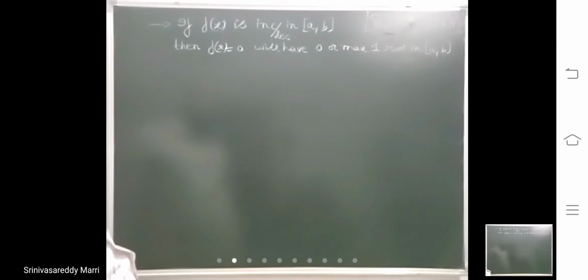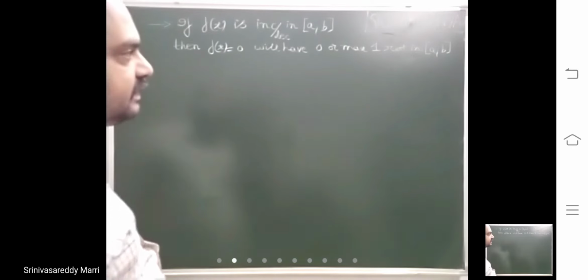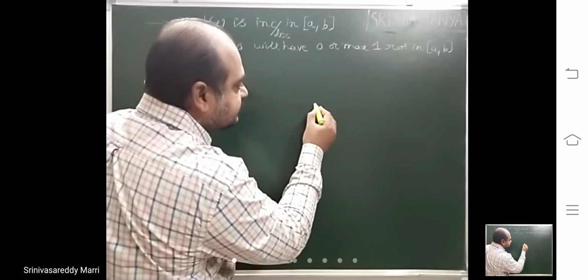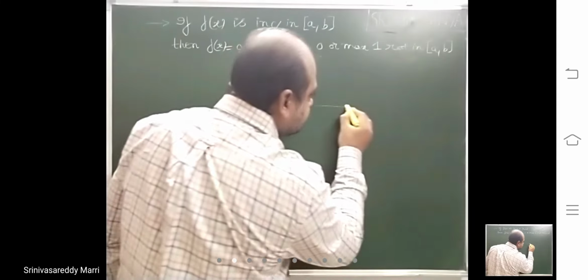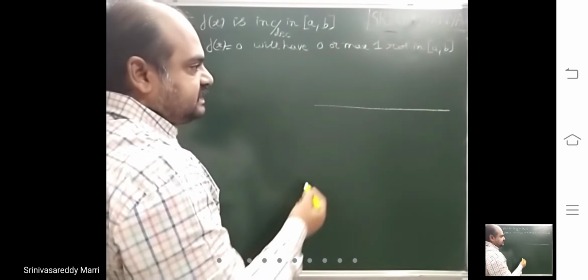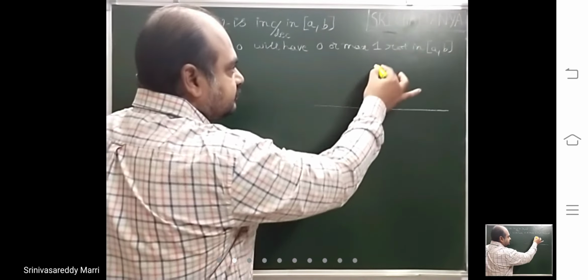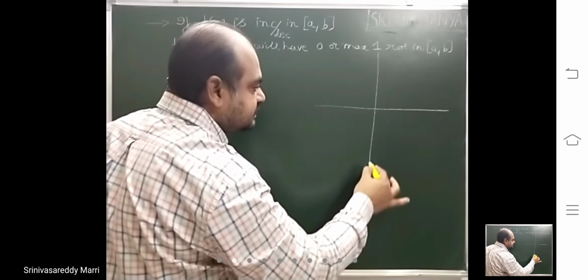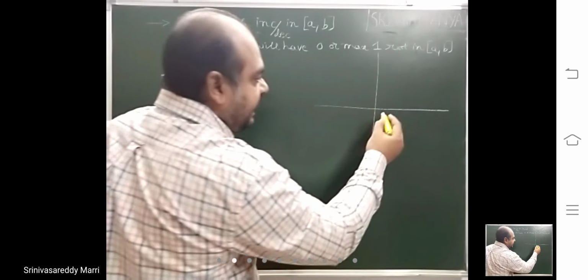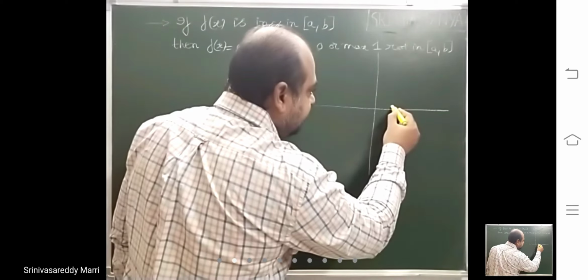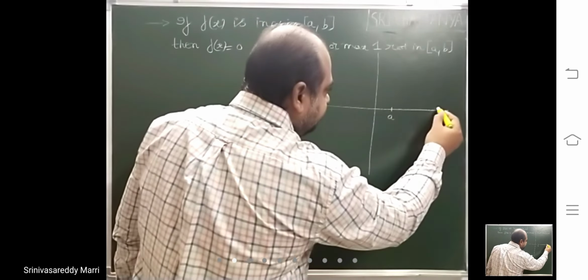If f of x is increasing or decreasing in A comma B, let us say this is x-axis and this is y-axis, right? So in A to B, let us say, look at A is here, let us say, B is here.